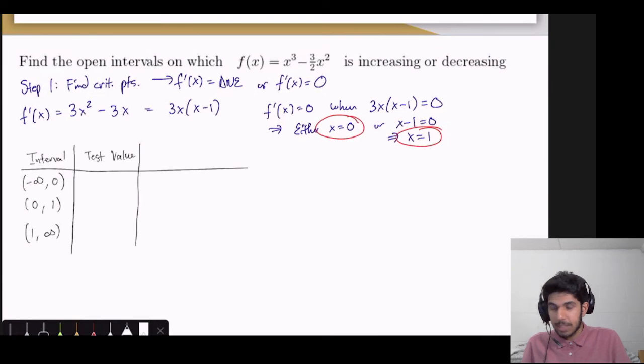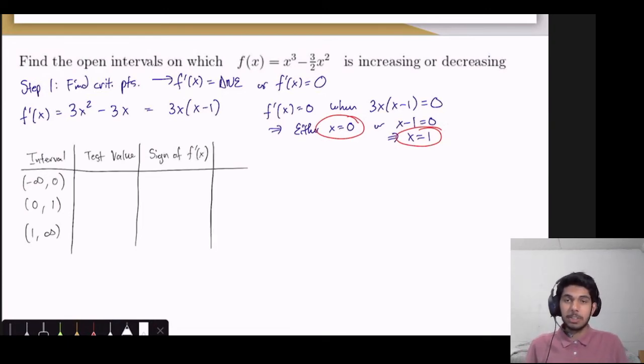So, how do we do that? We evaluate the sign of f prime of x. Meaning, if the sign of f prime of x is negative, then the function is decreasing on that interval. And if it's positive, then it's increasing on that interval.